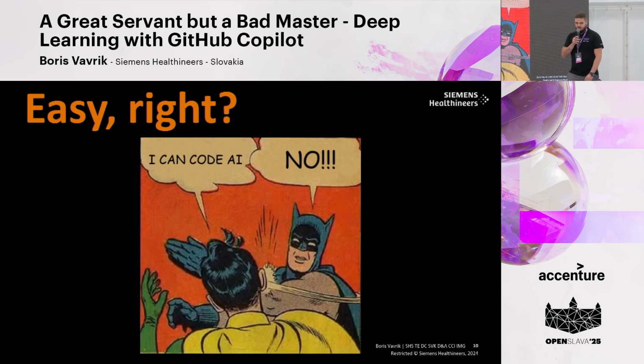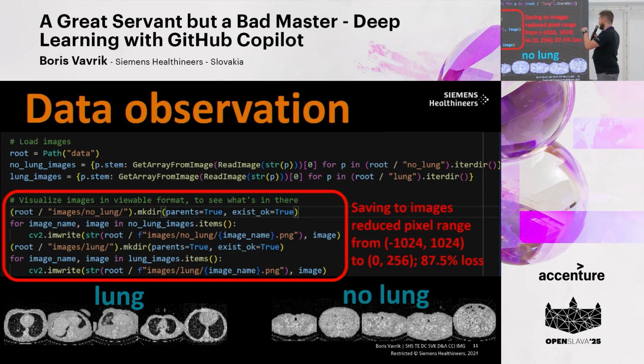But that is not true. The biggest problem is that there are so many issues that you are not even aware of. So let's dig through it step by step, starting with the data observation. When we were visualizing the data, we converted the CT scans to PNGs, and we reduced the pixel range from -1,000 to 1,000 down to 0 to 256, which is almost 90% information loss, just like that, in the first step.